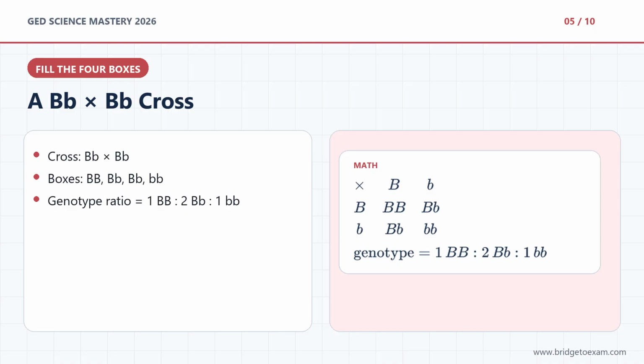Top B with side b gives Bb again. And top b with side b gives lowercase b, b. So the 4 results are BB, Bb, Bb, and bb. Counting the genotypes, that is a 1 to 2 to 1 ratio. 1 BB, 2 Bb, and 1 bb.